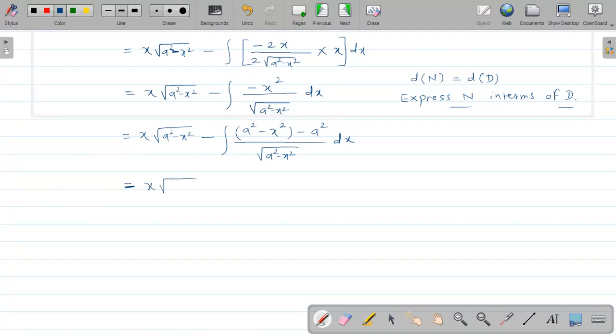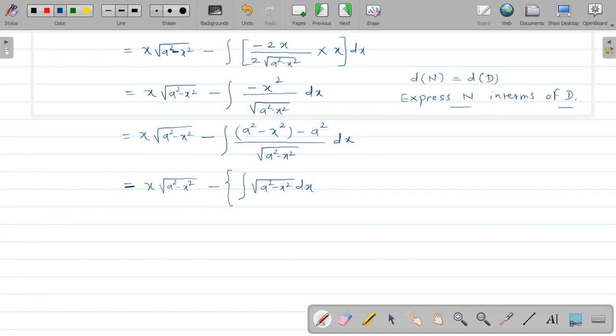So next step, x into root of a square minus x square as it is, minus. Now separating the denominator, see if you separate the denominator, then what will you get? Here you will get the integration of root of a square minus x square dx.